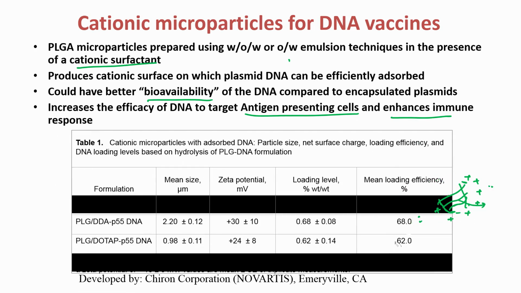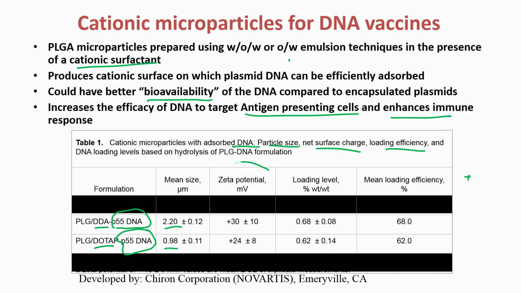And here is just an example from the literature. You are looking at cationic microparticles with adsorbed DNA, and at various things such as particle size, the net surface charge, how much DNA you can load onto them, and the quantification of that. In this case they have used two different cationic surfactants, GDA and DOTAP. These are lipids, and they have mixed them with the p55 DNA. They get different sizes: one is about 2.2 micron, another is 0.98 micron.